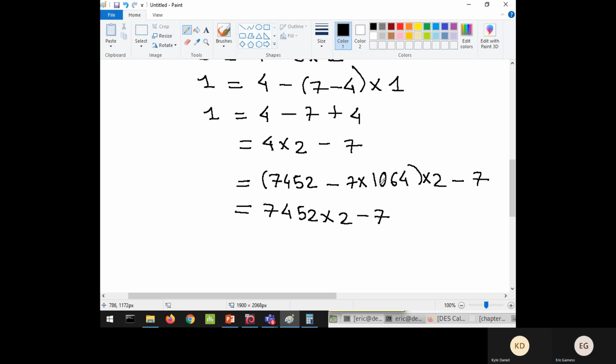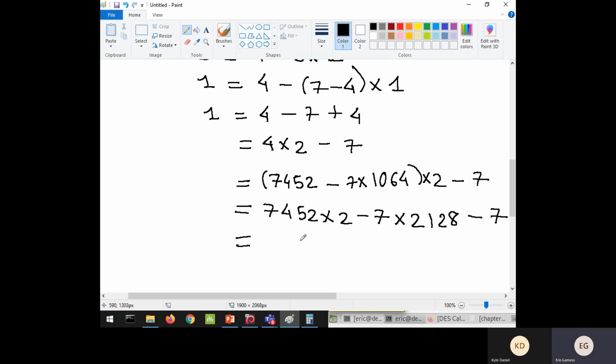So this number times 2 will be 2128 minus 7. Do you agree with me? If I take 1064 times 2, it gives me 2128.